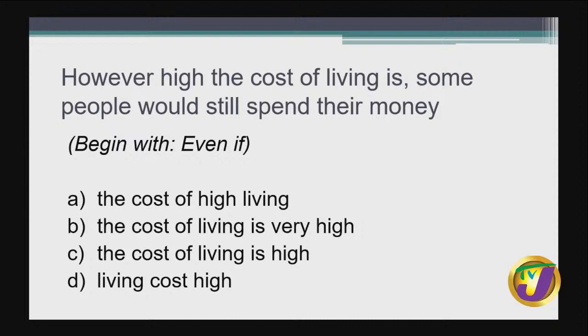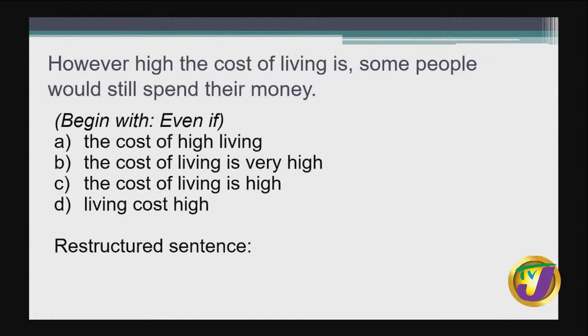So even if, which of these are you going to use after "even if"? Be very careful, there are two there that I know you're going to want to say heads or tails. Keep in mind what the original sentence means: "however high the cost of living is." So, even if the cost of living is very high, not just high, but very high.